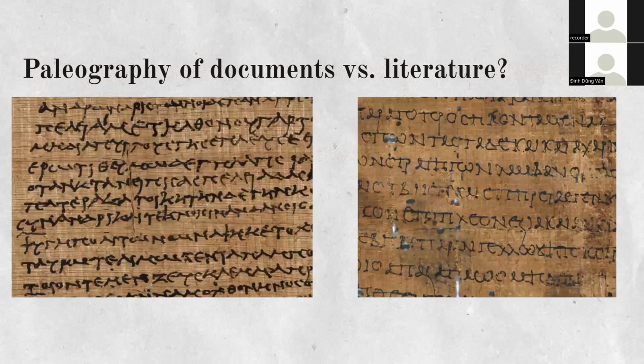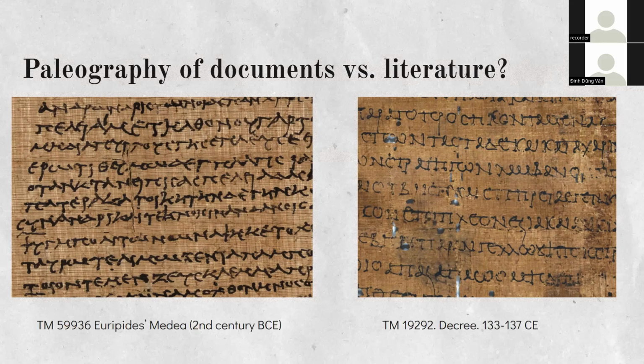We have examples of documents written in cursive hands and literature written in book hands, what we could call calligraphic hands. But this is not always the case. In fact, in this case, we have the opposite of what we could think at first sight.